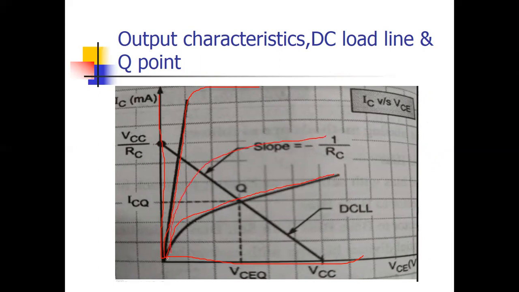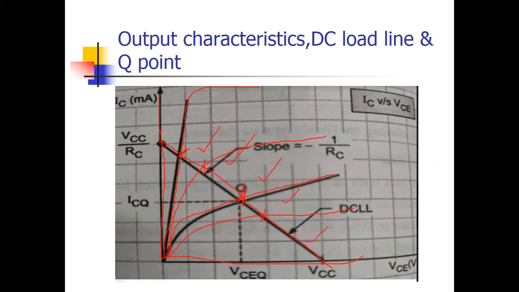And there was one DC load line. The intersection of the output characteristics with this load line is called the DC operating point, or Q point. But this Q point can be at many different positions.